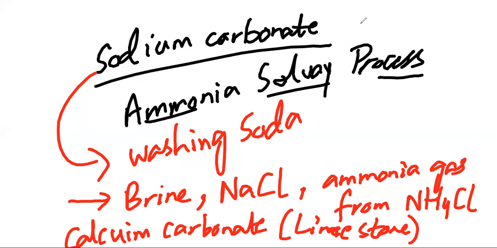Why do we use calcium carbonate? For preparation of carbon dioxide, CO2. To repeat, the raw material is brine, the saturated solution of NaCl, and the ammonia gas obtained from NH4Cl, and the calcium carbonate is used for the preparation of carbon dioxide, CO2.